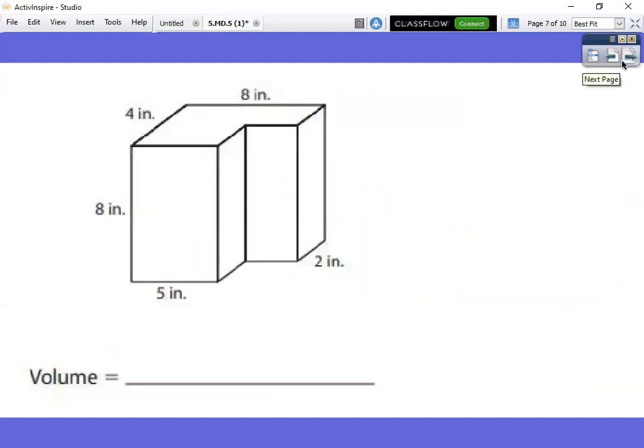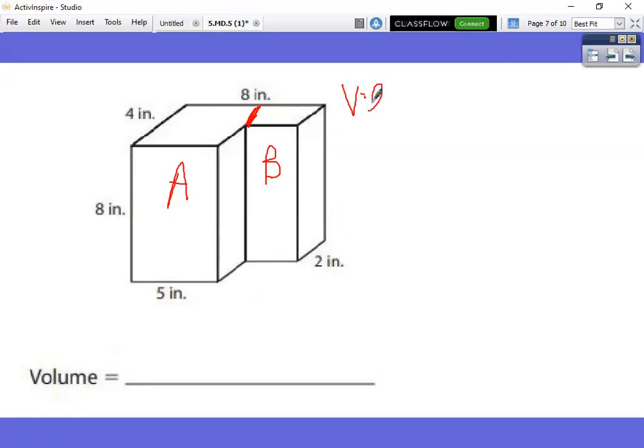So let's do an example, going through our 3 steps. So our first step is to break the figure apart. So let's break this figure apart vertically. We broke it apart vertically. So now we have prism A and we have prism B. So that means we're going to have to use our volume formula 2 times.